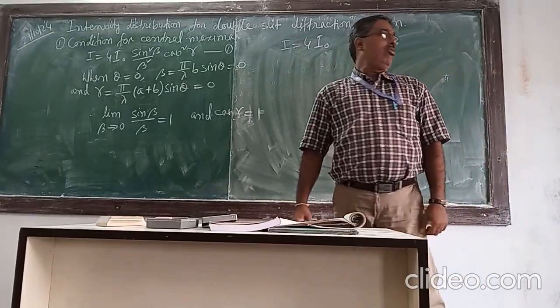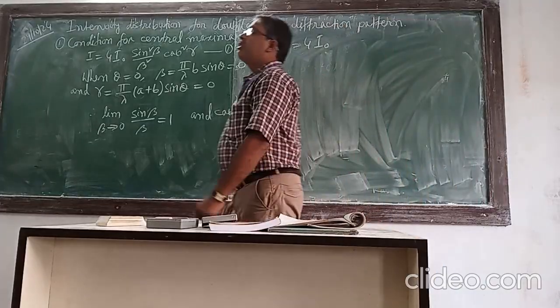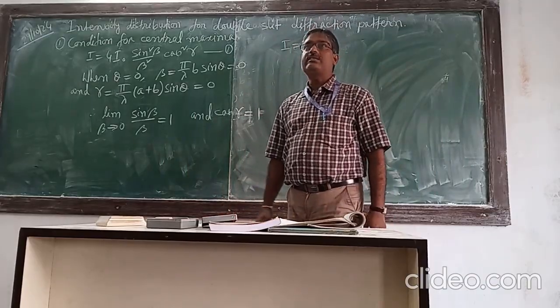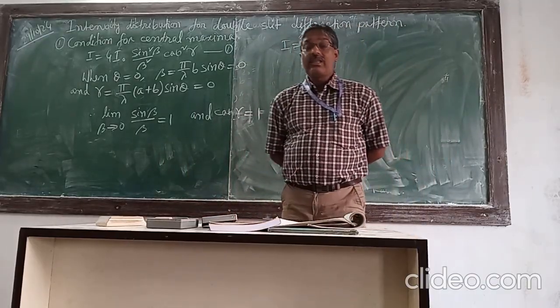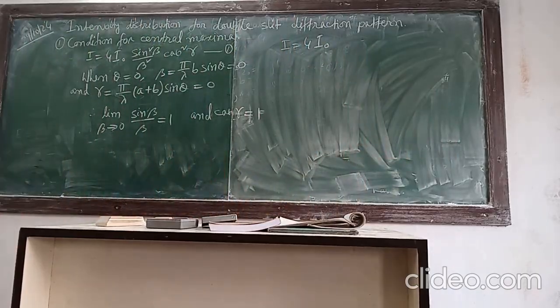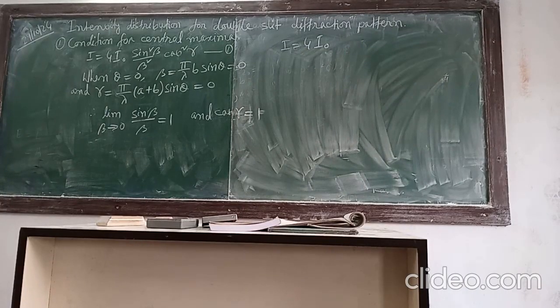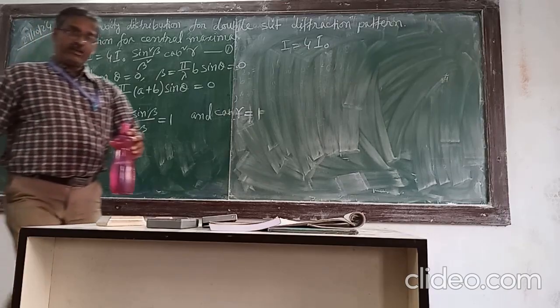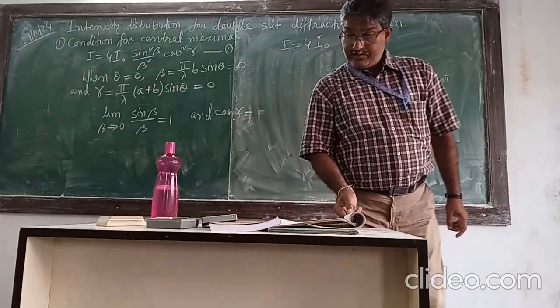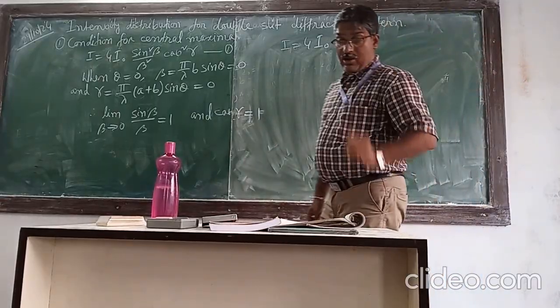which is 4 times the intensity of the central maximum for the single slit.